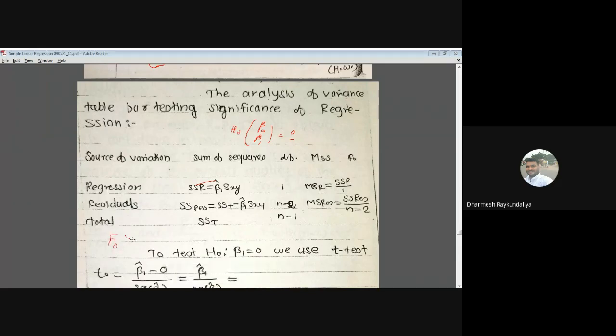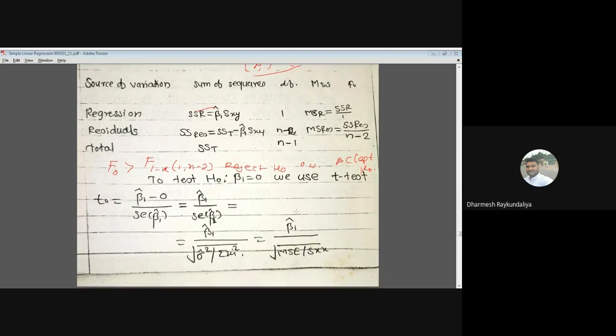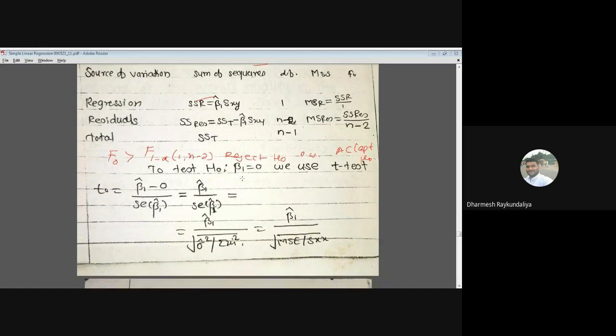If F0 exceeds F(1 minus alpha; 1, n minus 2), reject H0, otherwise accept H0. Rejecting H0 means these two parameters are not simultaneously 0. So now we wish to see whether they are individually 0 or not. To check individually, let us test the hypothesis beta 1 equal to 0 or not.